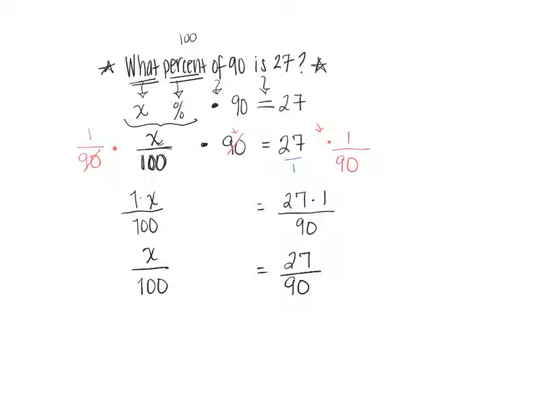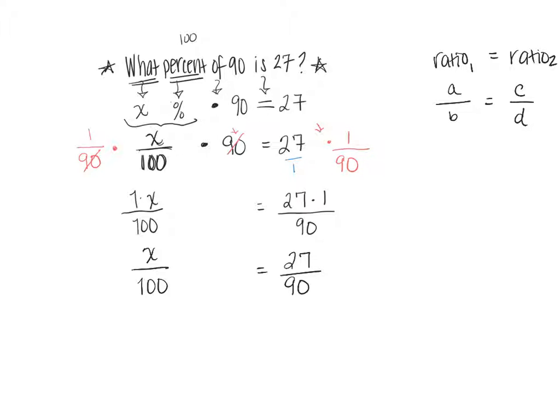Oh, this is so cool. Now I've got ratios. Remember that I can set two ratios opposite of my equal sign. Ratio 1 here equal to ratio 2. And a ratio is just some number divided by some number equals some number divided by some number. That's all a ratio is.